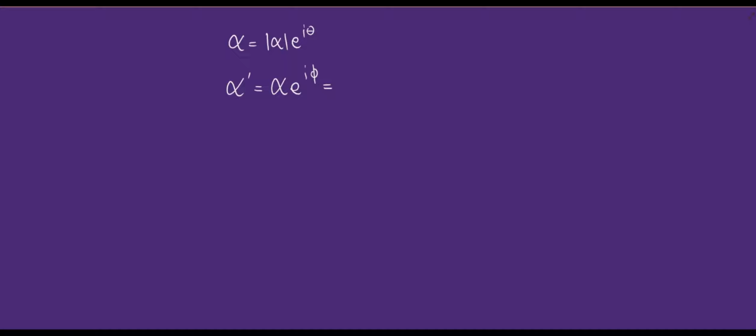That means it is equal to mod of alpha times e raised to i theta plus phi. We just substituted alpha here. And note that the magnitude of alpha and alpha prime is same, just that theta plus phi is there, and there only theta is there.